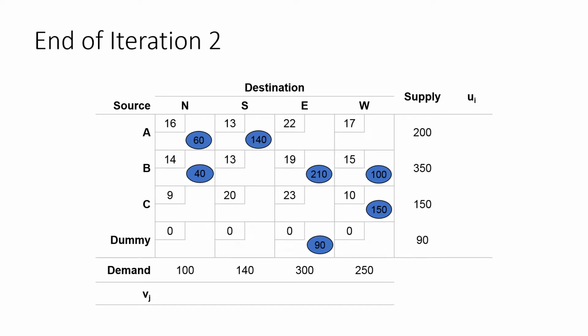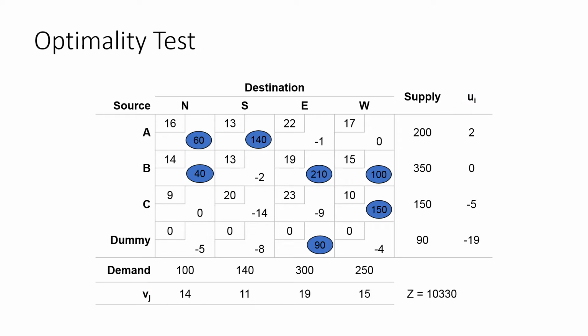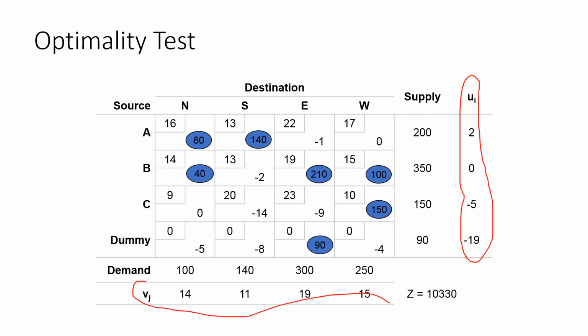And this new solution could be optimal or not, and I will have to repeat by recalculating the ui's and the vj's and the c prime ij's to find whether this is optimal or not. So go here and then we find out that these are the new set of ui's, new set of vj's, and the c prime ij's for all the non-basic cells.